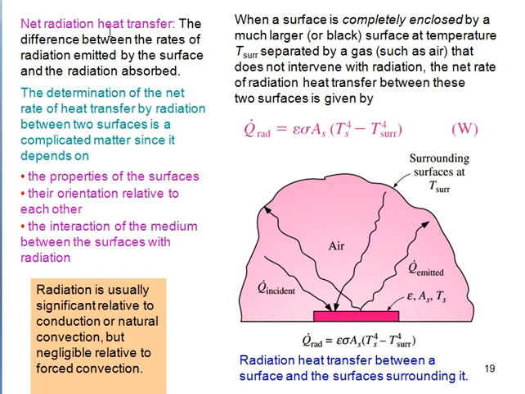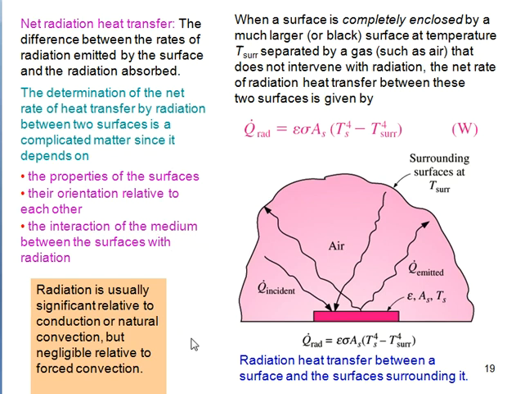Net radiation heat transfer is the difference between the rate of radiation emitted by the surface and the radiation absorbed. Determining the net rate of radiation heat transfer between two surfaces is complicated, since it depends on many parameters: the properties of the surfaces, their orientation relative to each other, and the interaction of the medium between the surfaces with radiation.